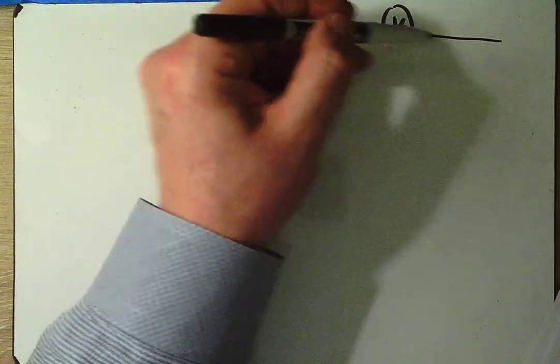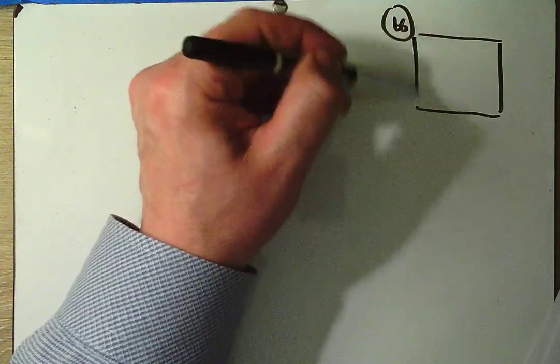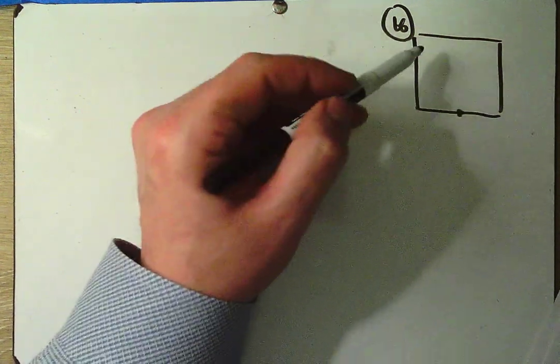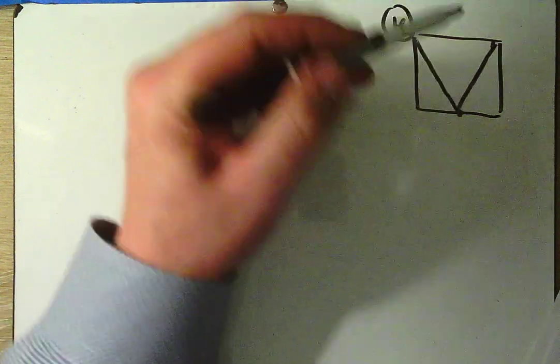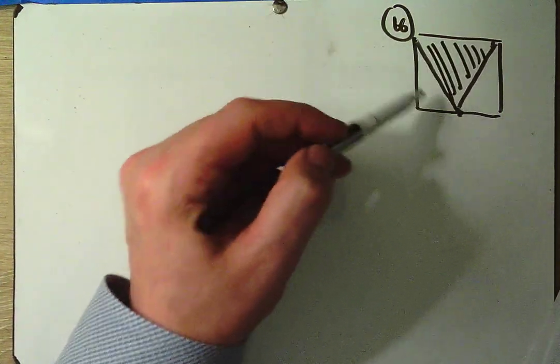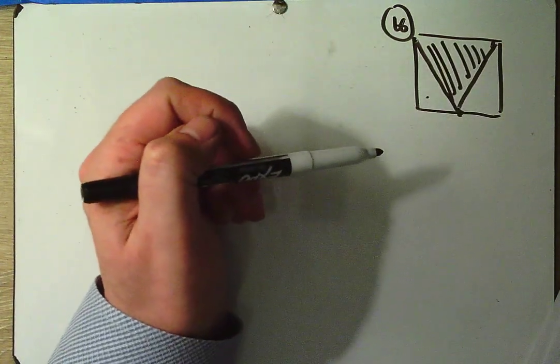16. In square ABC, D is the midpoint of CE. Which of the following is the ratio of the area of triangle ADE to triangle ABD? Okay, so we've got a square, we've got a midpoint. And we want to compare this area with this area.